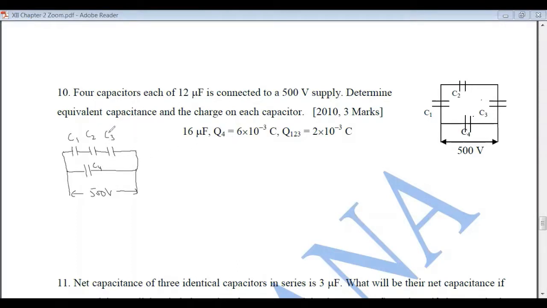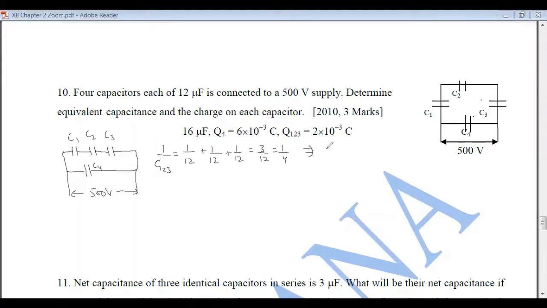The first part is to calculate the equivalent capacitance. Each is of 12 microfarad. So 1 upon C123, that is the equivalent of 1, 2, 3, will be equal to 1 upon C1, which is 12 microfarad, plus 1 upon C2 plus 1 upon C3. That is equal to 3 by 12, which is equal to 1 by 4.